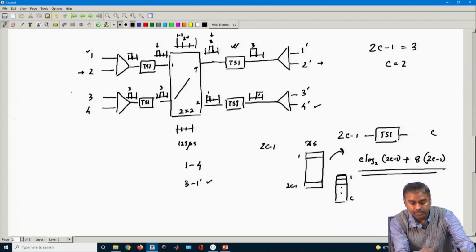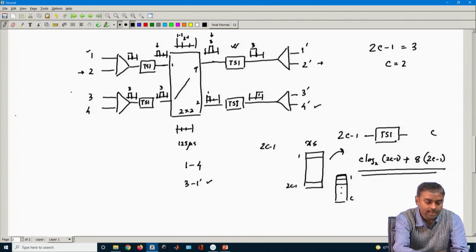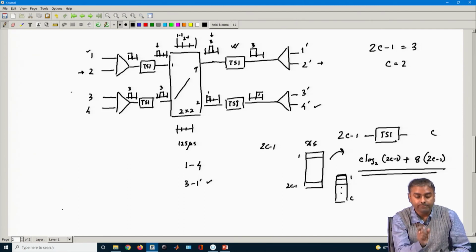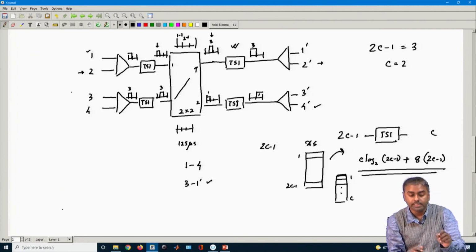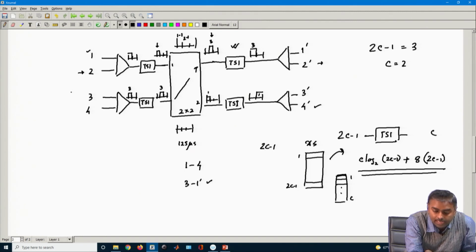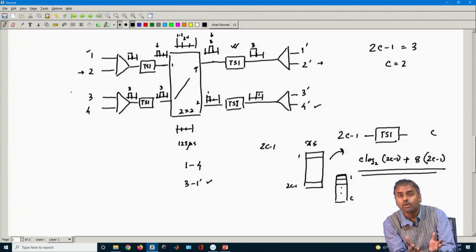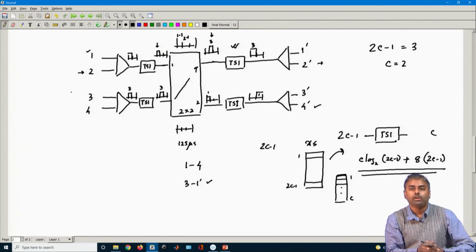Okay. So, 1 to 3 dash others and 4 to 1 dash from others is coming to this, and then still I am trying to get the connectivity. If I have 2C minus 1, which is 3 over here, I still get the last one to be filled up and I can do the corresponding switching, so that I have a strictly non-blocking switch.